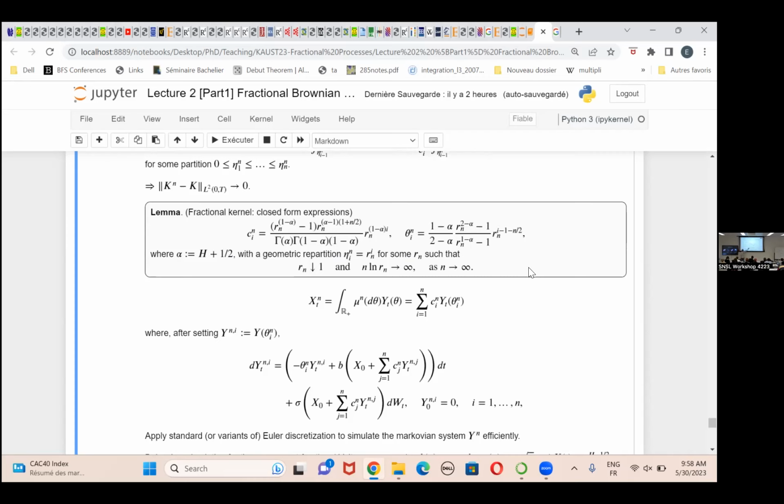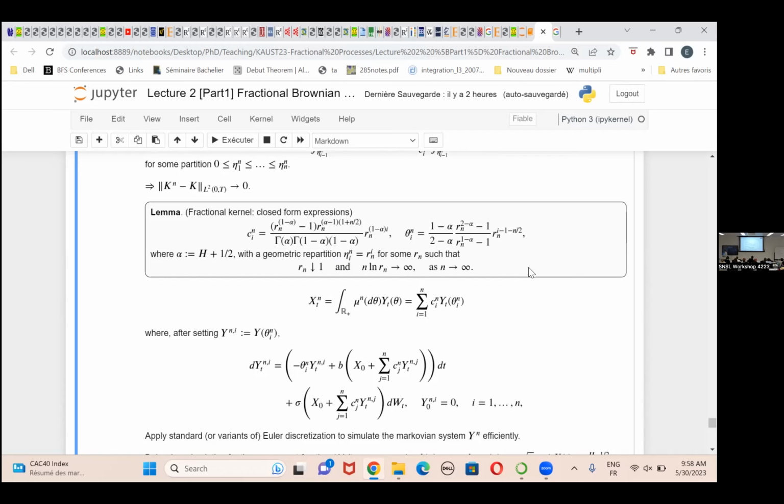I'm not saying that it's easy. It's not just a straightforward implementation, okay? But you'll notice this also in the homework notebook. All right, but you can simulate this, and once you develop the method for simulating this, which is Markovian, then you simply aggregate and get a sample path of the Volterra process.